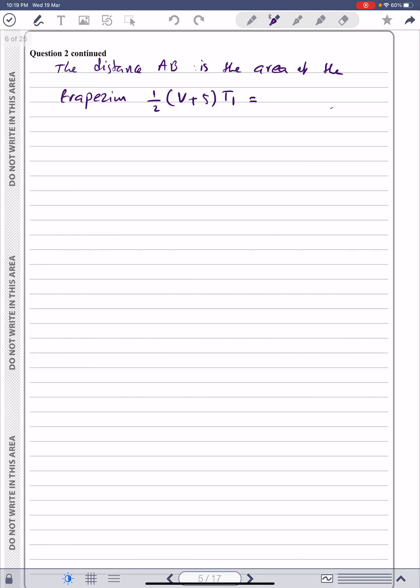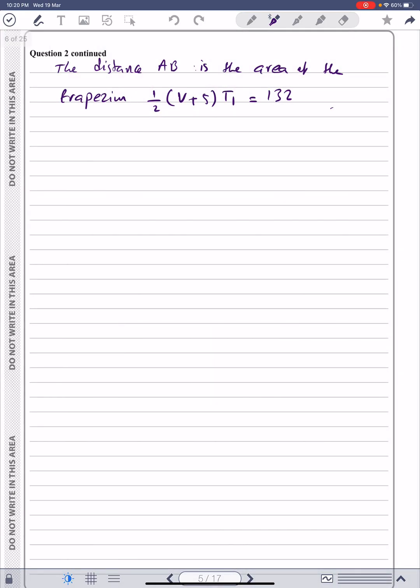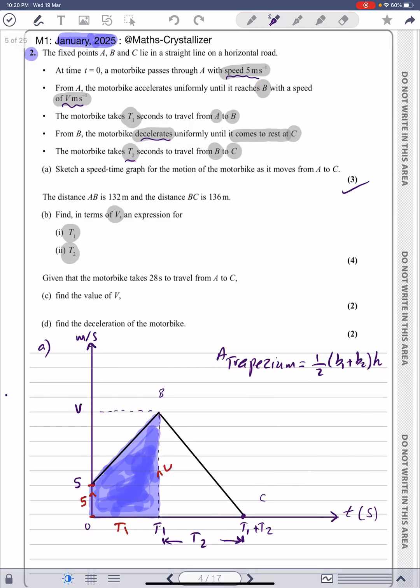That equals 132 meters. By making T1 the subject that he wants in the question, you will get V plus 5 times T1 equals, by cross multiplying, 264. So T1 is 264 over V plus 5. This is what he wants in part B, part 1. Then he continued.